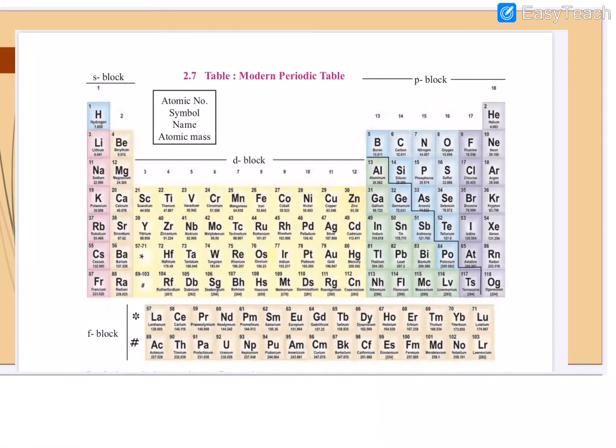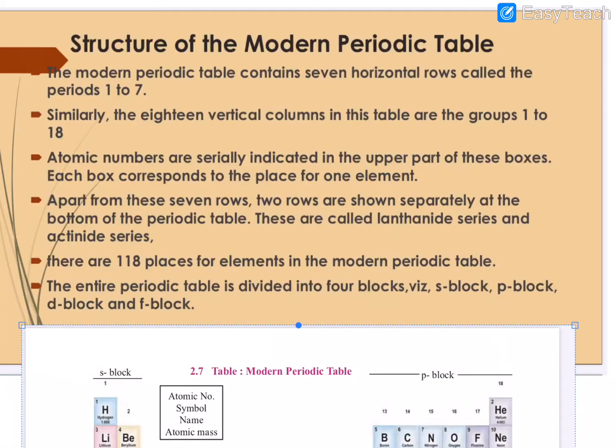These separate horizontal rows, or periods, are given separately from the periodic table. So apart from the 7 periods, there are 2 other periods, called the lanthanides and actinides.